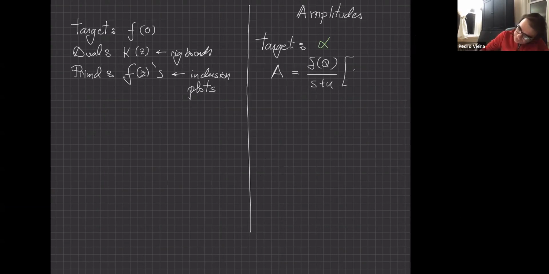If I factor out 1 over STU, it would be 1 plus alpha STU plus terms much smaller. In the same way that our target here was the value of the function at the origin, here the target will be given by the first correction to the amplitude. Now different UV completions of gravity will have different alphas.